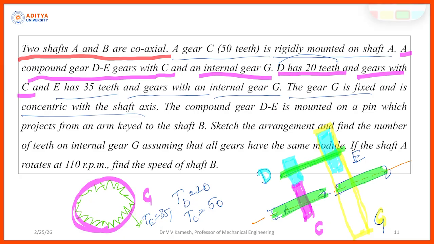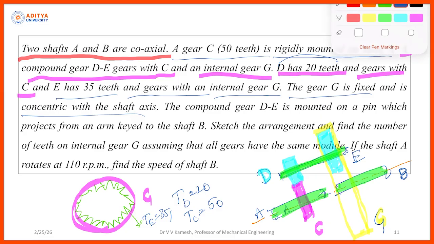Now in the diagram you can identify very clearly, I am drawing all the shafts with the green color. So this is shaft A, this is shaft B. Now what is the extra data given?